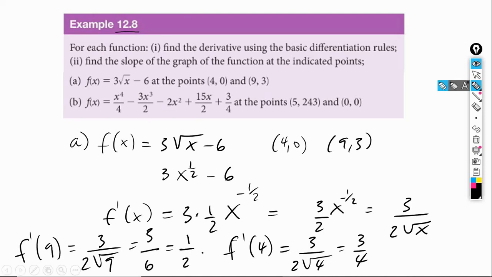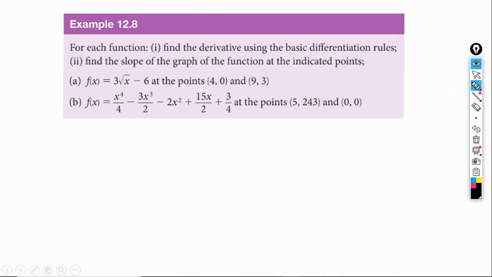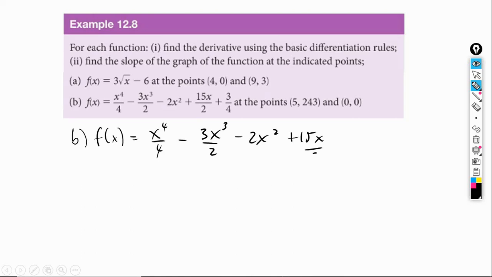Okay, so let's get rid of this and let's do part B. So for B, we have that f of x is equal to x to the 4 over 4 minus 3x cubed over 2 minus 2x squared plus 15x over 2 plus 3/4.